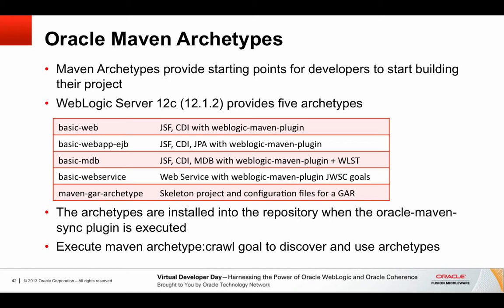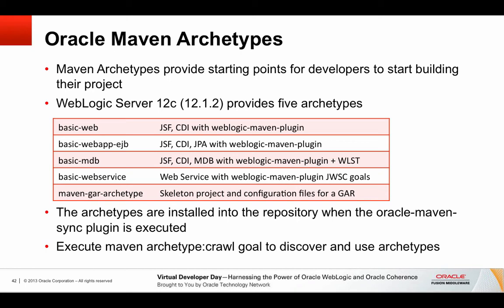These cover a number of basic and fairly simple examples of different technologies you can use within WebLogic Server. For instance, the basic web archetype demonstrates how to use JSF CDI and what a WebLogic Maven plugin configuration looks like to deploy that against a target server. We've got again a basic web app, but also adding an EJB.